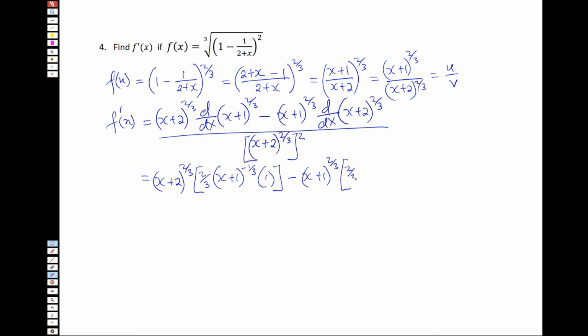Again, you bring 2/3 in front, so you end up with x plus 2 to the power 2/3 minus 1, which is negative a third, and then multiplied by the derivative of the inside, which is just 1, so it doesn't make any difference, over x plus 2 to the power 2/3 squared. So we can just write this as x plus 2 to the power 4 over 3.